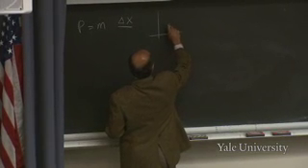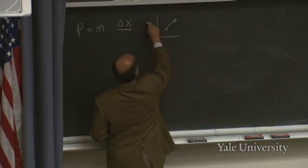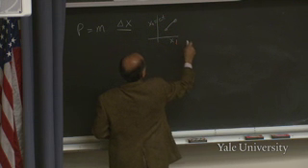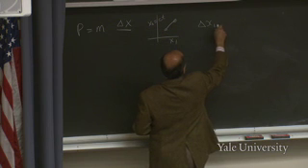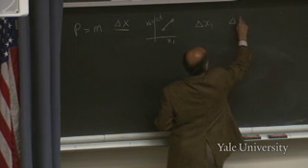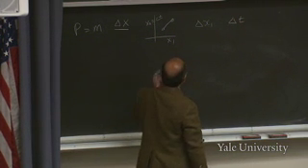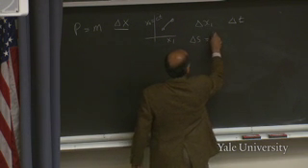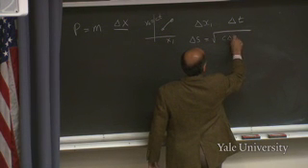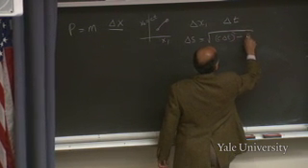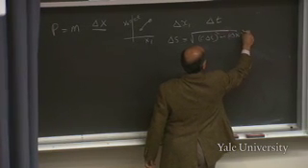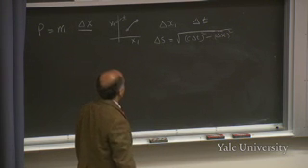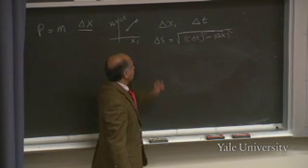Obviously, if a particle is moving from here to here in space-time, this is x naught equal to ct, and this is x1. It moves the distance delta x1 in a time delta t. And we know that for this piece of its motion, the following quantity, delta s, which is c delta t squared minus delta x squared, is the same for all people. So I should really be dividing by this.